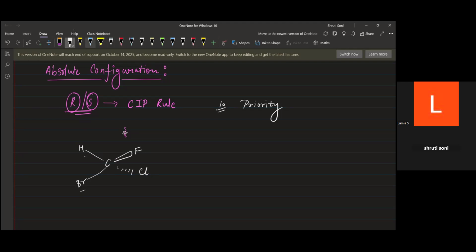Before that, you also need to know that in case of absolute configuration, we need all four groups to be different. If there are two same groups, in that case, we are not going to use this method. Yes or no? You understand? So we need all four groups to be different.